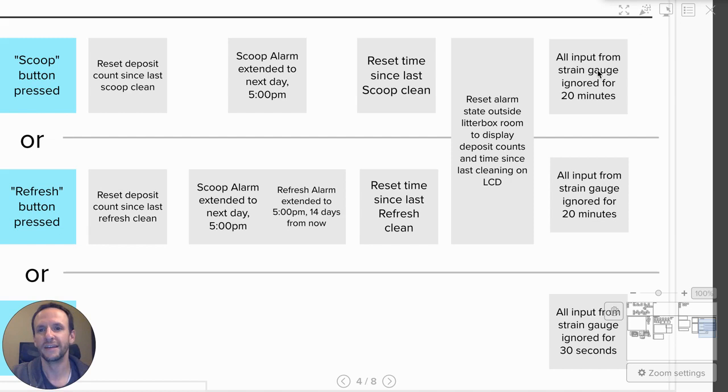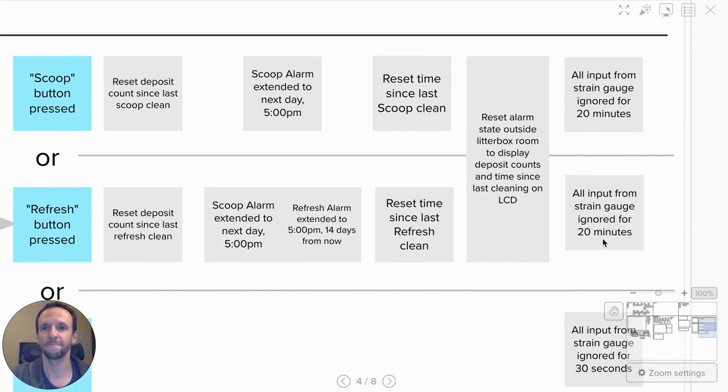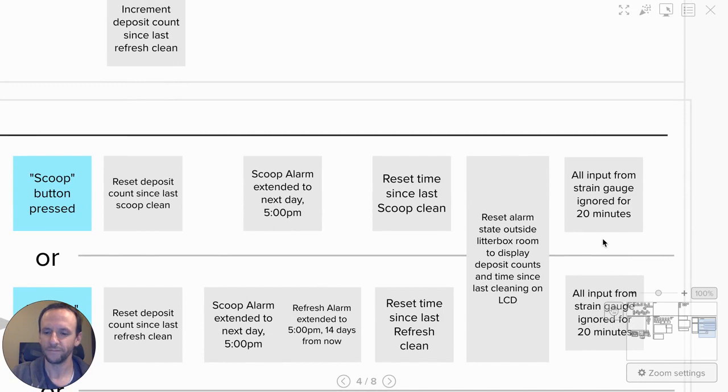We want to ignore any inputs from those strain gauges for at least 20 minutes when you are either scooping or refreshing. But if you were to say, I'm not doing anything with the litter box, ignore me, then we'll just give you 30 seconds to stop moving it around or doing whatever you're doing. Again, if that was a cat, the cat's not going to respond. So that would be a good indicator that it's a cat.